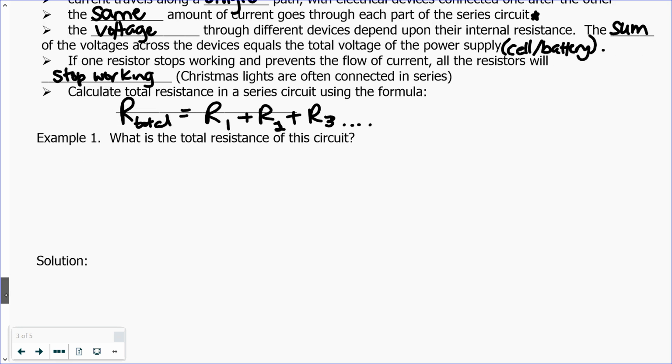So for this one, hopefully you have the diagram. If not, we're just going to draw it.